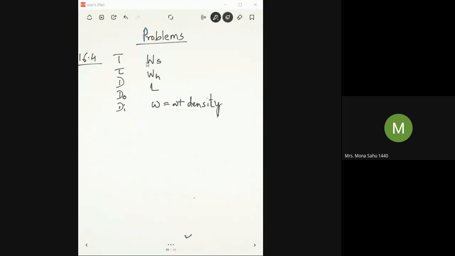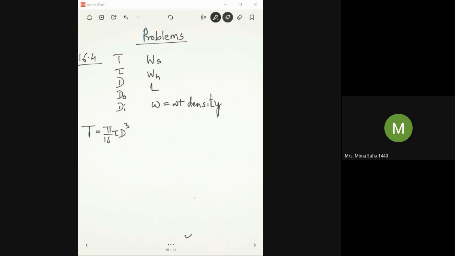We need to find out Ws and Wh values. How are you going to solve this question? First of all, write the 2 equations for the solid and the hollow shaft. We know T is equal to pi by 16 tau D naught cubed. Please let me know if I'm not audible, since my video is off.